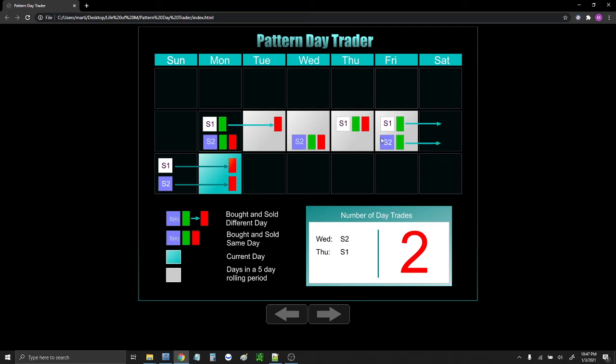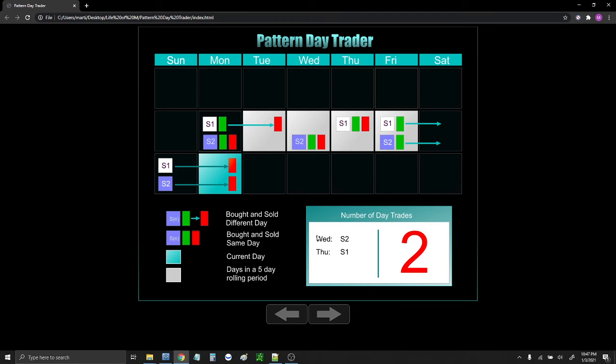So if we were to land on Monday, the last day of the 5 day rolling period is Tuesday. But notice that the number of day trades we can do now went up by 1, because the purchase of stock 2, that day trade, no longer falls within that 5 day rolling period.